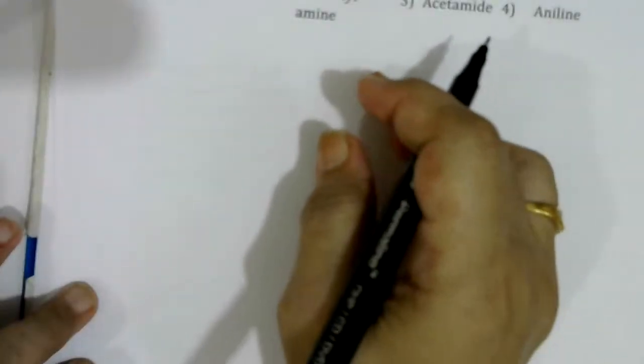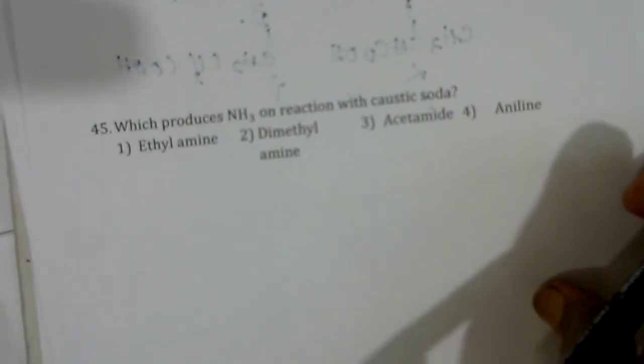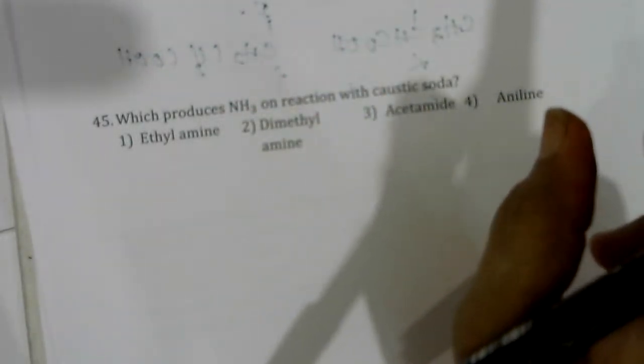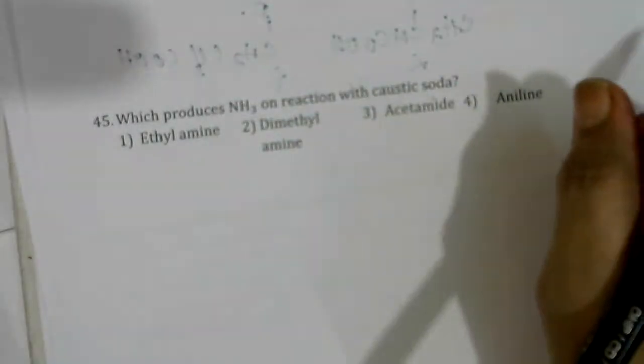Question number 44. Acetone reacts with the Grignard reagent. As we know very well, formaldehyde with Grignard reagent gives primary alcohol. Any other aldehyde with the Grignard reagent will produce secondary alcohol, and a ketone with the Grignard reagent produces tertiary alcohol.